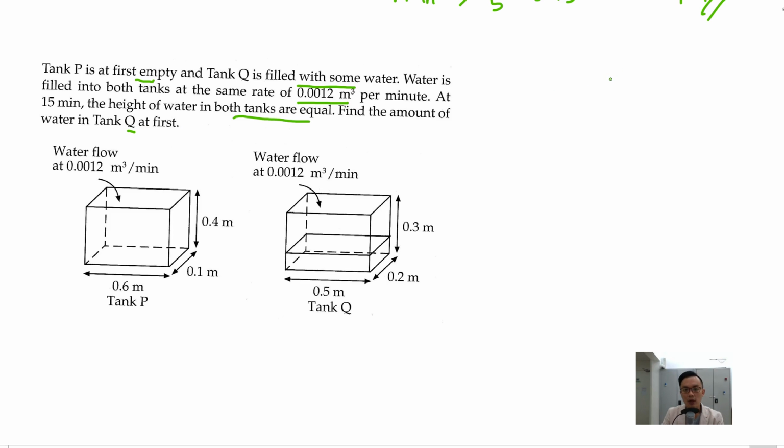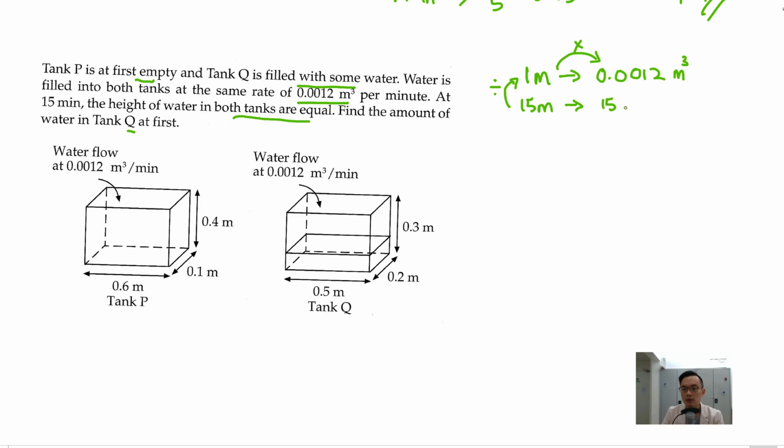Okay, so I have tank P and tank Q. So 1 minute, I am filling in 0.0012 cubic meters. So for 15 minutes, how much do I fill in? So 15 divided by 1 times this.